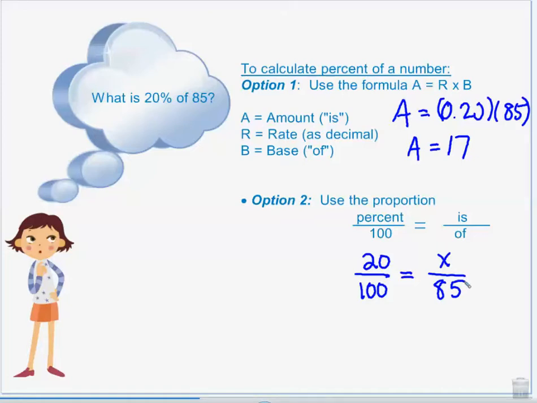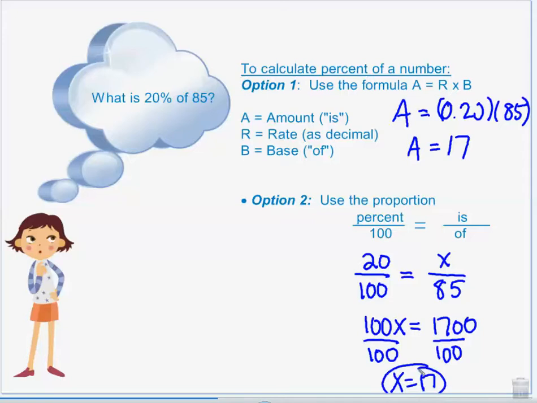Using our properties of proportions, we'll cross multiply to solve, so 100x is equal to 20 times 85, which is 1700. And then solving for x by dividing both sides by 100, we'll get x is equal to 17.